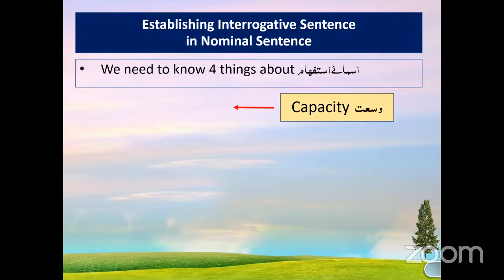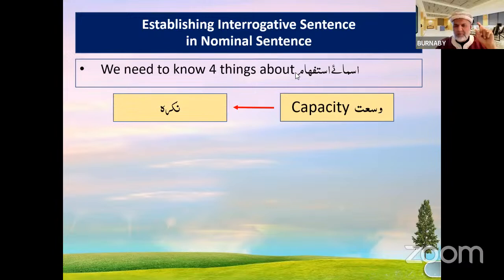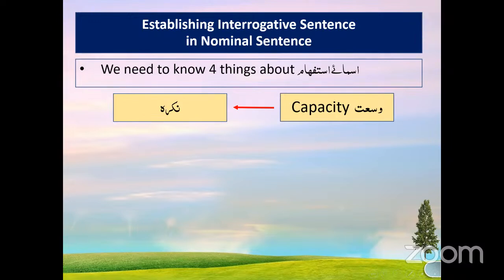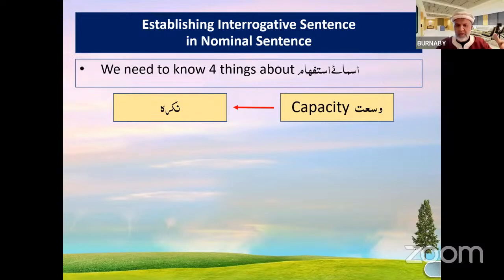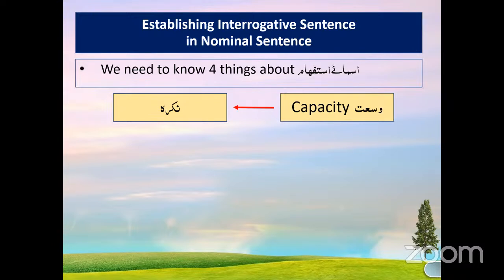Okay, good. And when we think about asma istifham, the type is nakira. So this is given in the beginning of the topic, so that whenever you see asma istifham, you know that they are nakira. So if I say this asma istifham is marifa or nakira, what would be your answer? Nakira. Very good job.